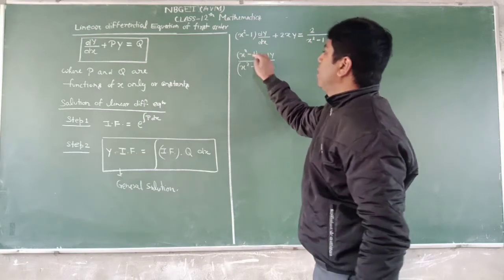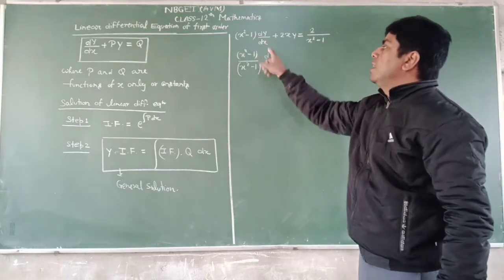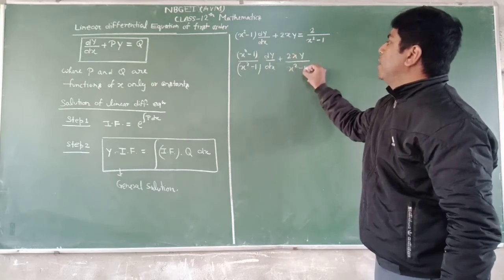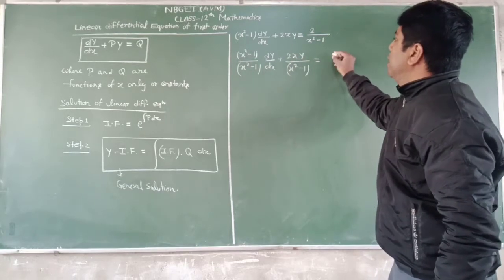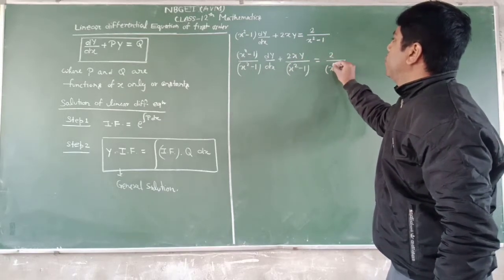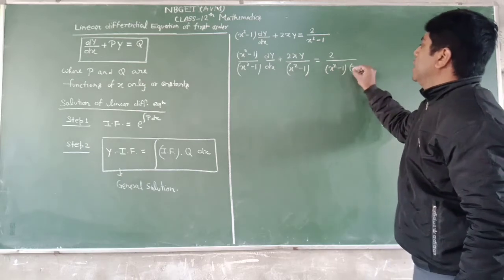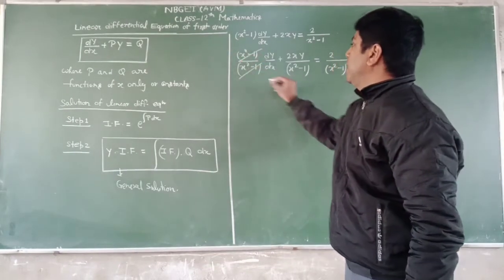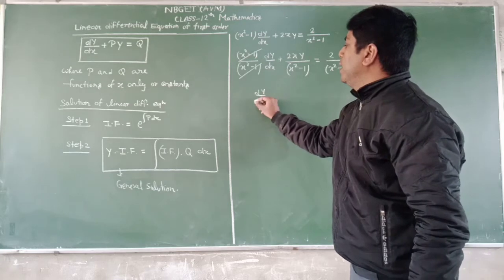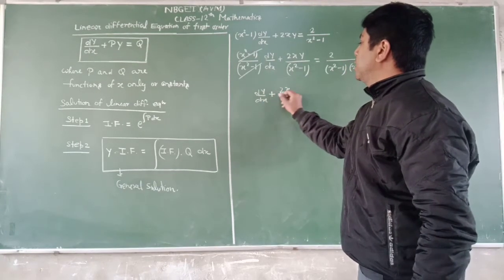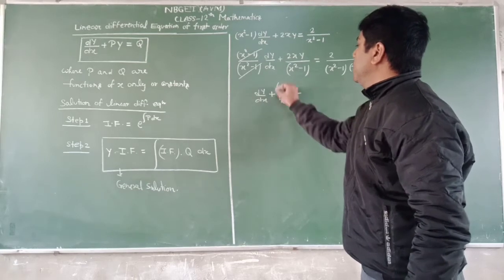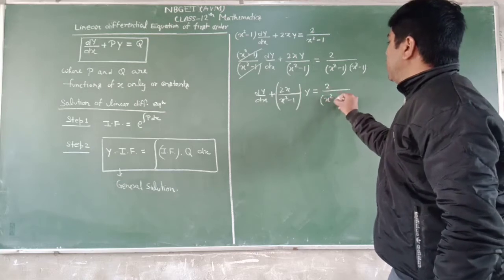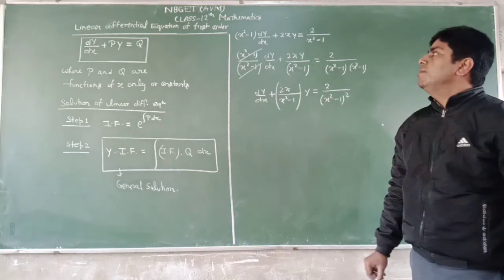So we write (x² − 1)/(x² − 1) into dy/dx, and 2xy/(x² − 1), and 2/(x² − 1) into 1/(x² − 1). Now this is cancelled and we have dy/dx + 2x/(x² − 1) y = 2/(x² − 1)² it will become.